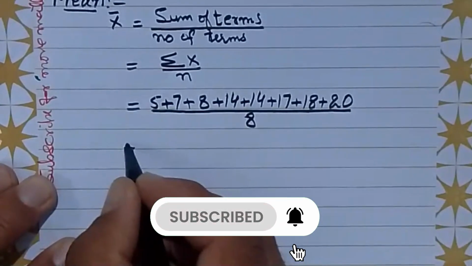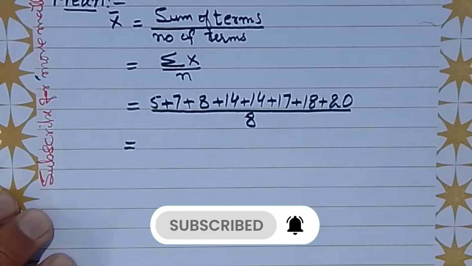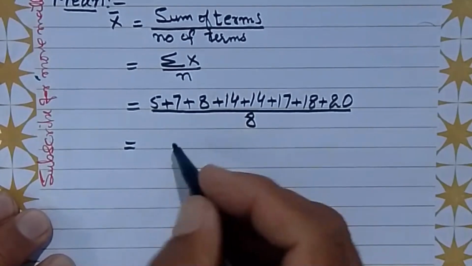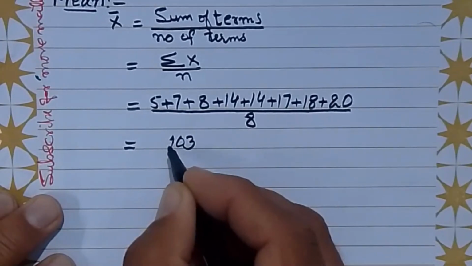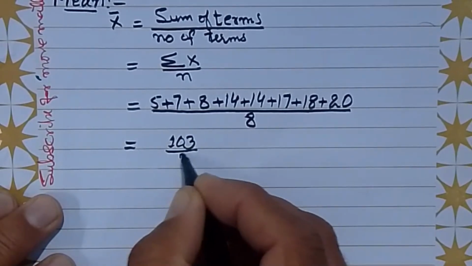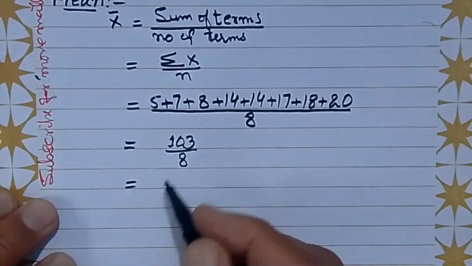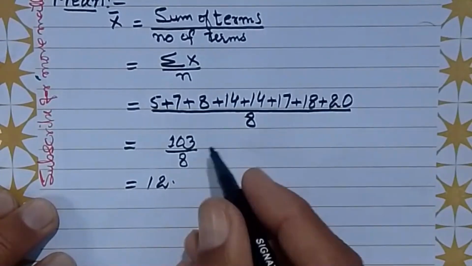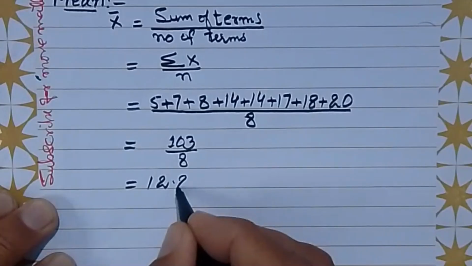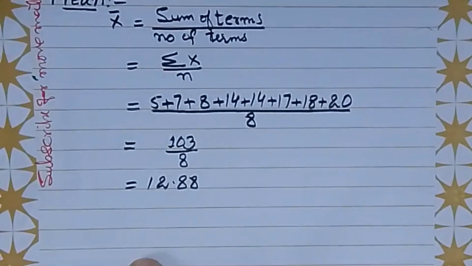This is equal to 103 over 8, which is equal to 12.88 approximately.